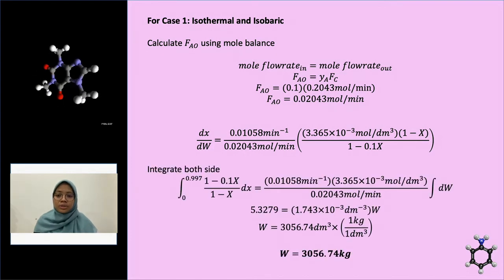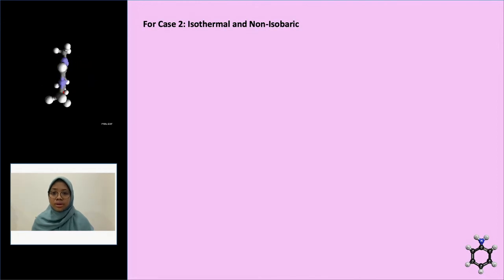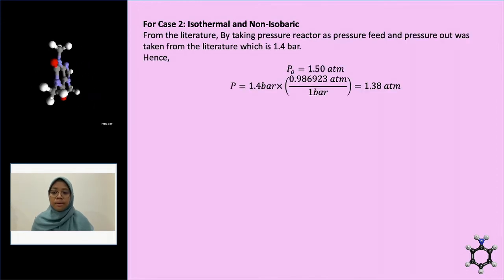The equation is rearranged and integrated on both sides to calculate the weight. Using a calculator, the weight we got for the isothermal and isobaric case is 3056.74 kg.